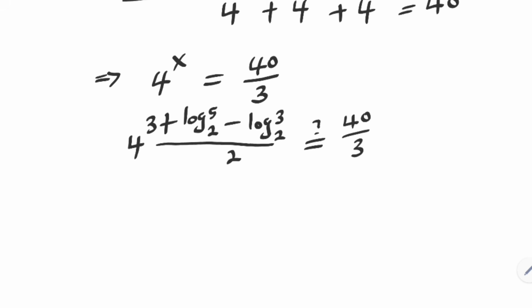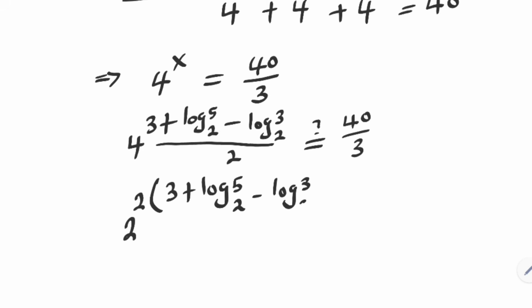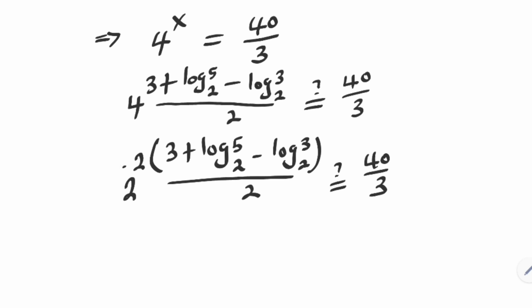Then this is same thing as 2 raised to power 2 bracket 3 plus log 5 base 2 minus log 3 base 2 all over 2 must be equal to 40 over 3. These two cancel these two.